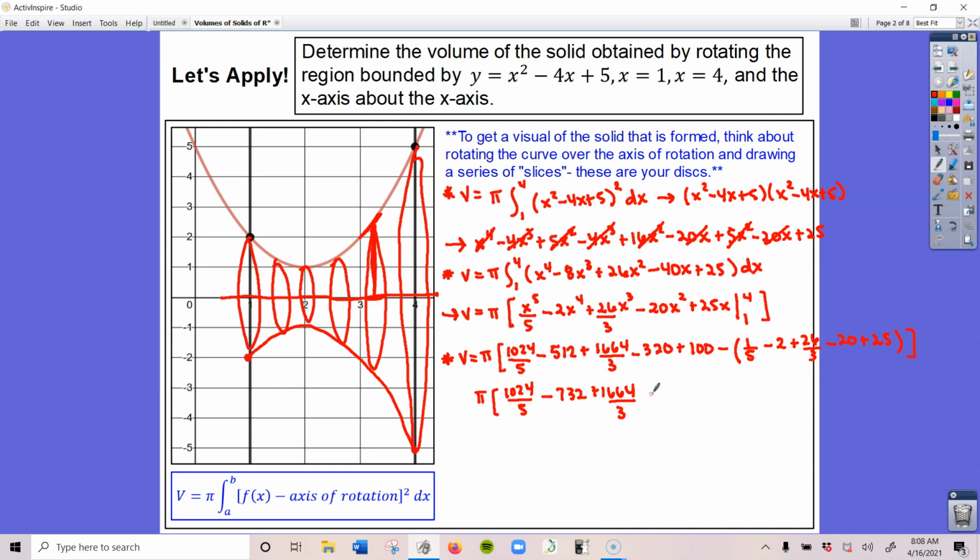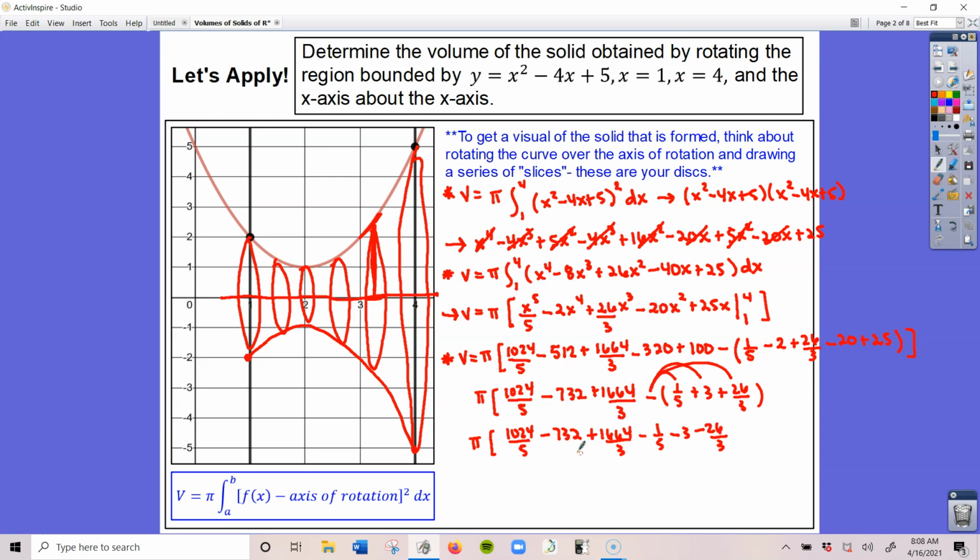I'm going to subtract 1 over 5, and then minus 2 minus 20 is negative 22, plus 25 is plus 3, plus 26 over 3. So now I'm going to distribute this negative, and I get pi times 1024 over 5 minus 732 plus 1664 over 3 minus 1 over 5 minus 3 minus 26 over 3.